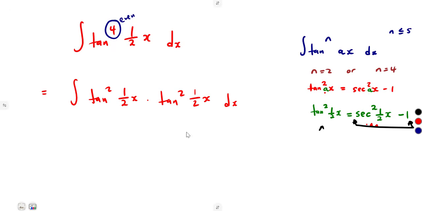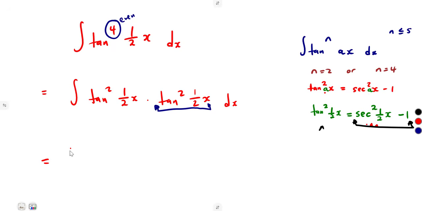Remember, I told you it is easier for you to integrate tan squared because you've got that one in your formula sheet. So that can be an easier path. All right, so let us substitute one of these. So I'm just going to replace this one with this equivalent.